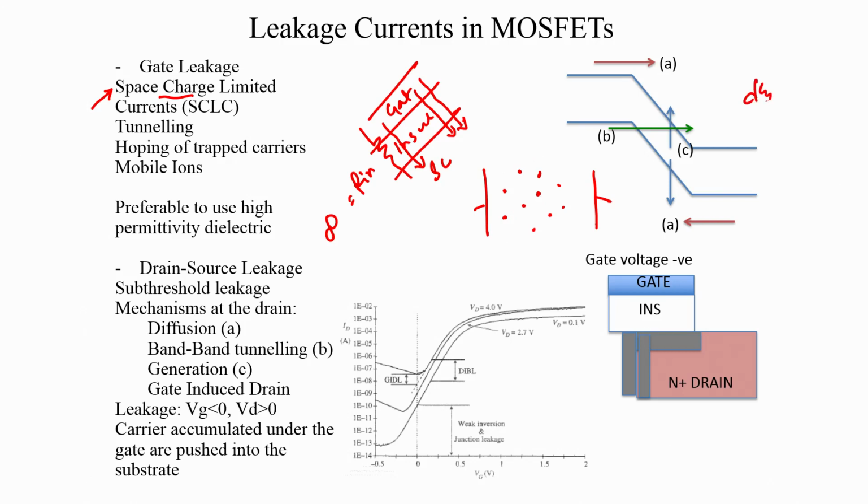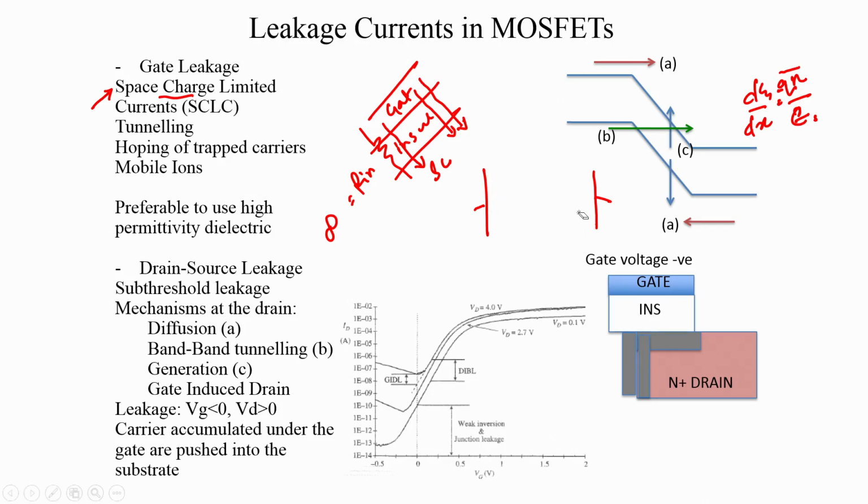You need to write Poisson's equation in that region to say that the electric field distribution in that region is defined by the charge distribution in that region, and therefore not all electrons will see the same field, and therefore this current is determined by the space charge, which is basically this charge distribution in this region, and therefore it is called a space charge limited current.